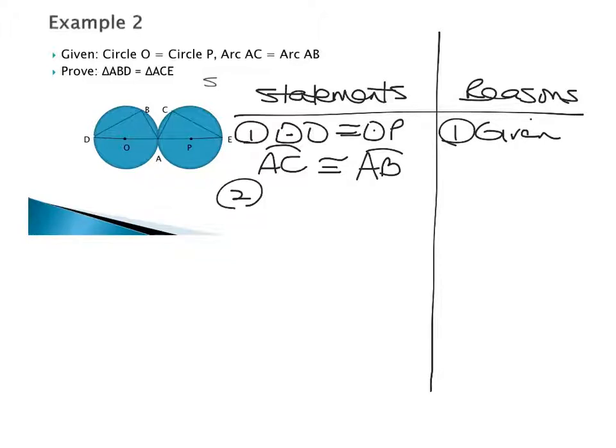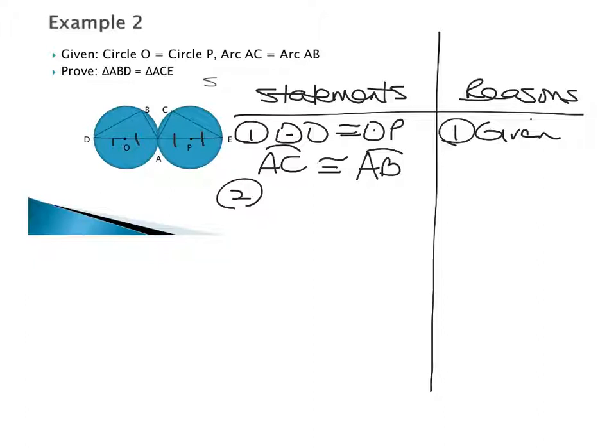Statement 2, I'm going to first start out by showing that the radiuses are all congruent. So I'm going to start by saying that DO is congruent to OA, which is congruent to AP, which is congruent to PE, because I can do that by definition of congruent circles, that all radiuses are congruent.